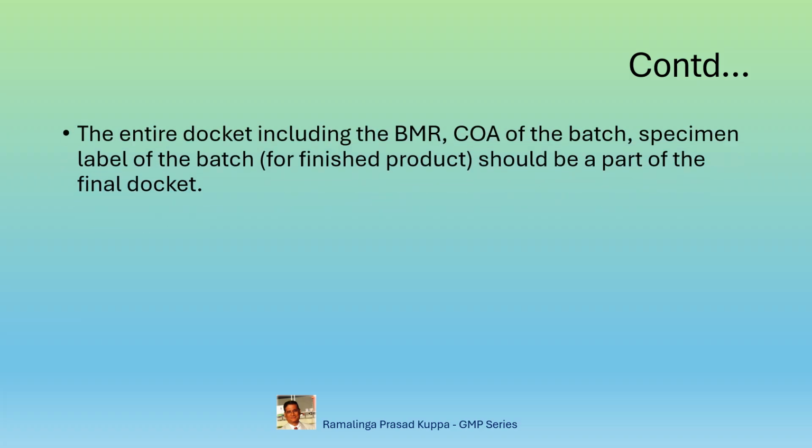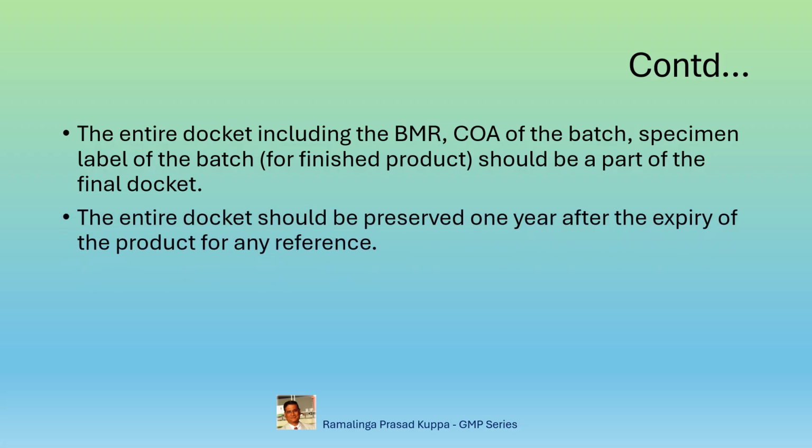The entire docket, including the BMR, certificate of analysis of the batch, and specimen label of the batch for finished product, should be a part of the final docket. This should be the complete docket for the batch.